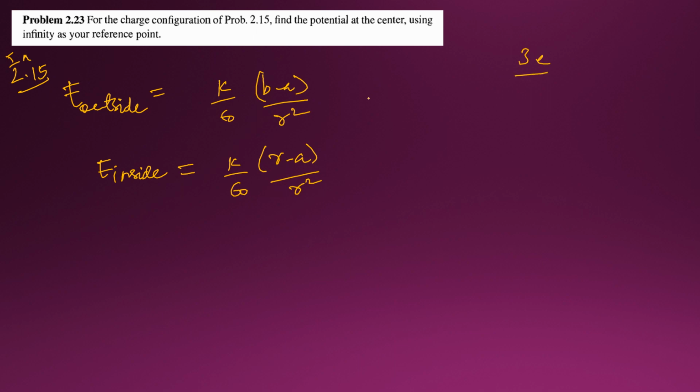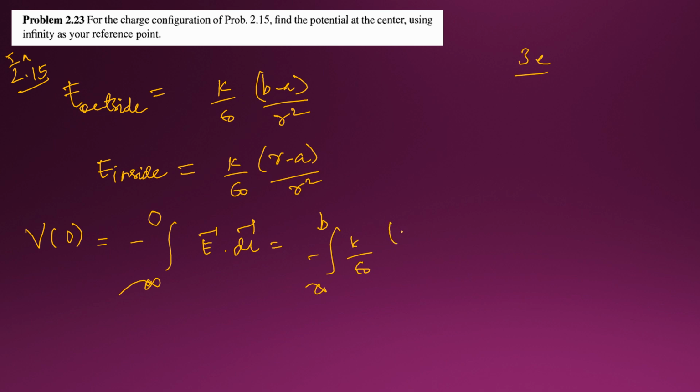So the potential at the center using infinity as the reference, V0, will be the integral from infinity to the center of E dot dl. To reach the center, we have to go through some points. Infinity to B, k by epsilon naught, (b minus a) by r square.